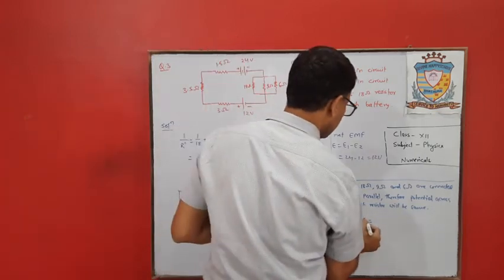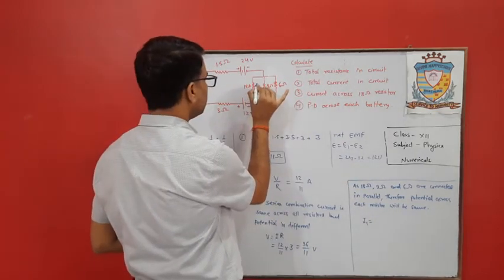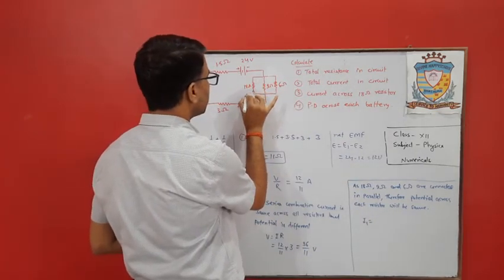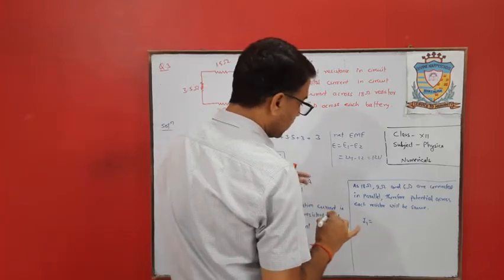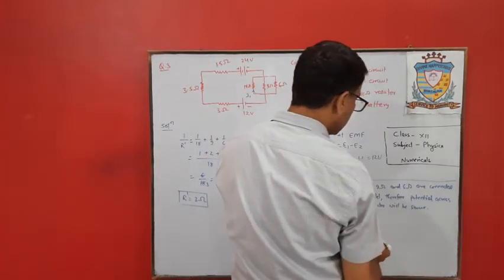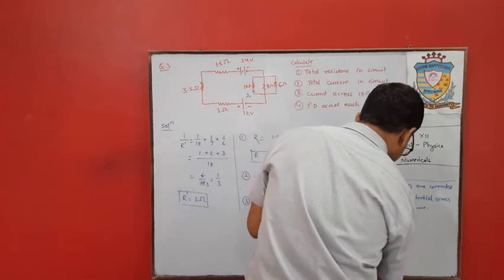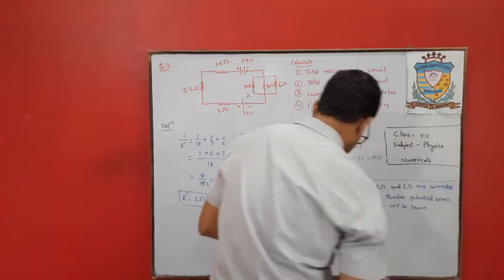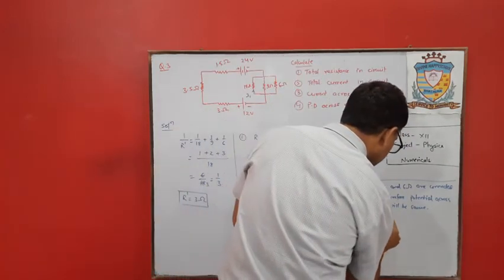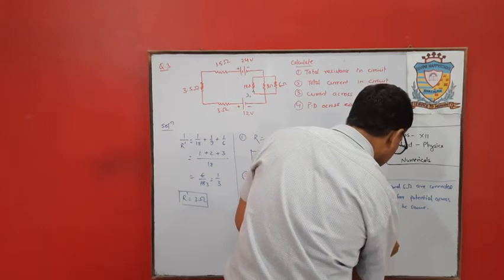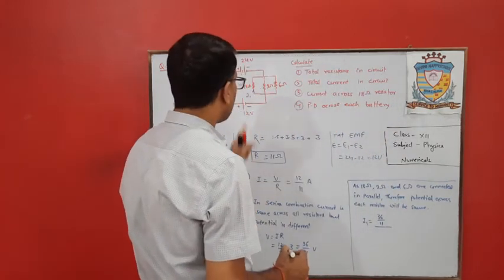Now we'll find the I across the 18 ohm resistor. Let it be I1. So I1 is again I is equal to V by R. So V potential is 36 by 11 and the whole divided by R. R is 18.